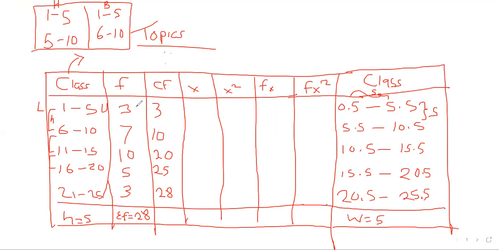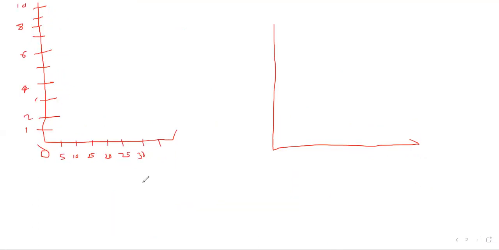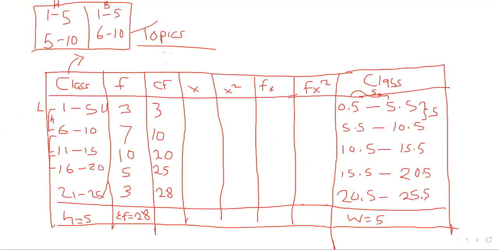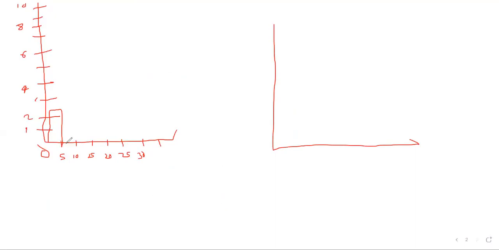So from 1 to 5, the height is 3. 6 to 10, 7. So 1 is somewhere here. 1 to 5, the height is what? 3. Then 6 to 10, the height is 7. So it's not starting from 5, it's starting from 6. 6 to 10, the height is 7, somewhere here.